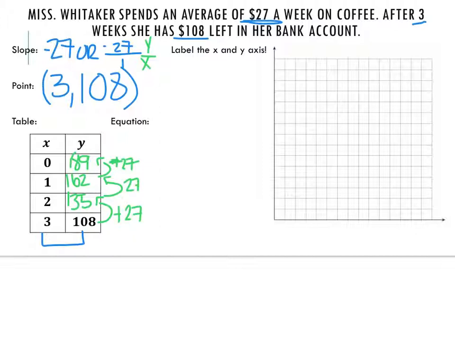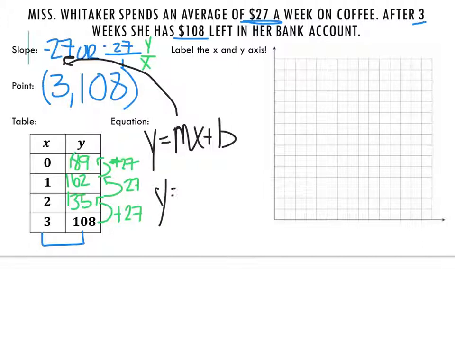Okay, so from this, I want to try to write my equation. y is equal to mx plus b. We already know what m is, my slope. So I know it's y is equal to negative 27x. And then what about my b? I don't know my b using the point, because that's not my y-intercept.